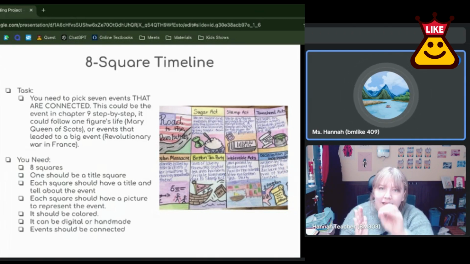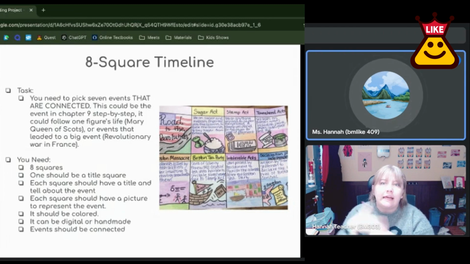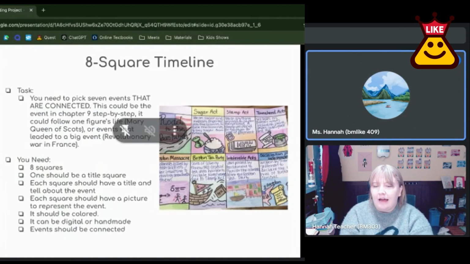This is going to be events that led to something. They're all connected. It could be the fall of Napoleon. It could be the joining of Scotland and England. It could be the lead up to how England got blocked in the shipping and trade. It could be what led up to the Opium Wars, things like this.